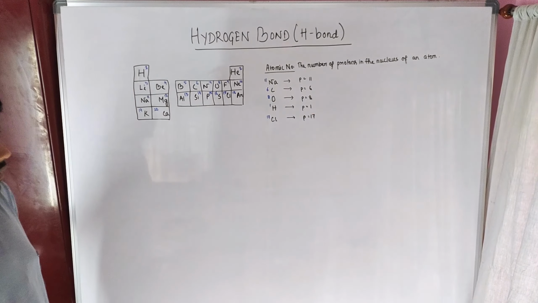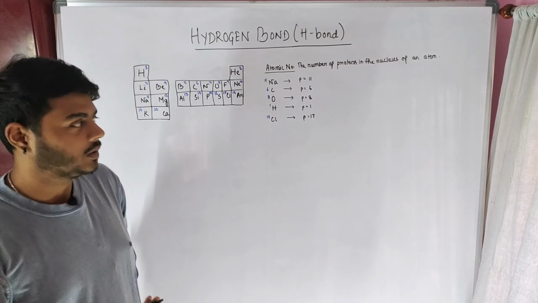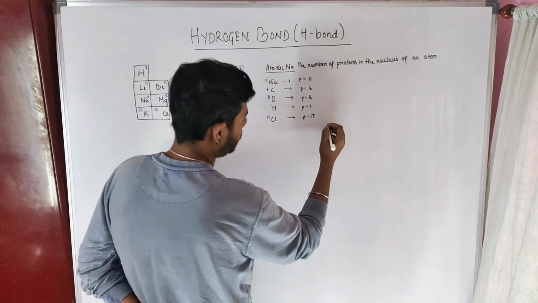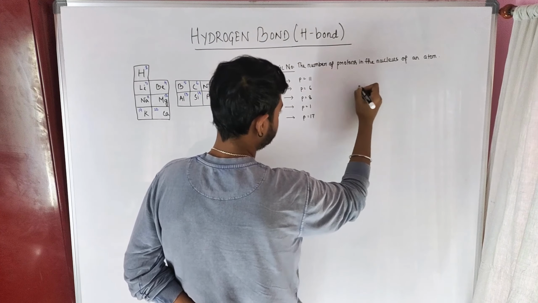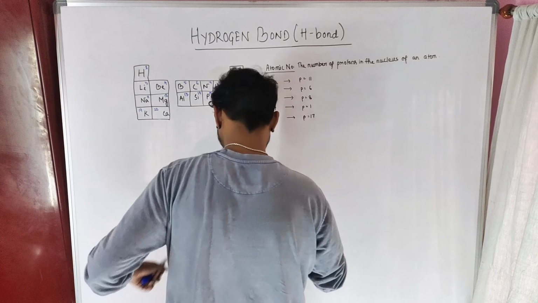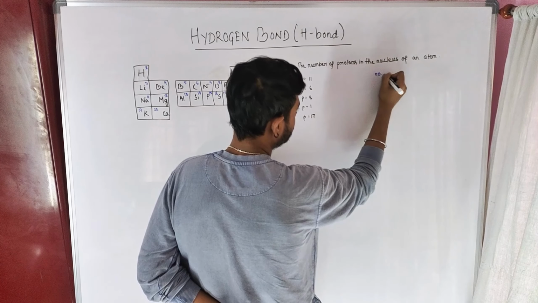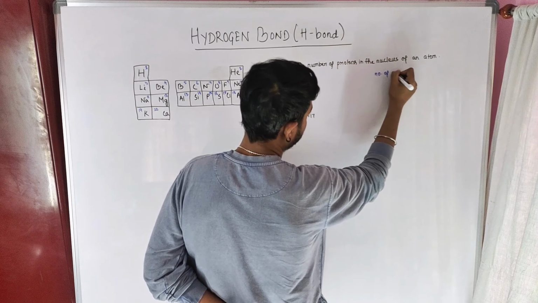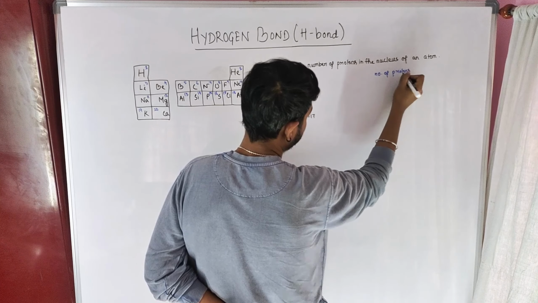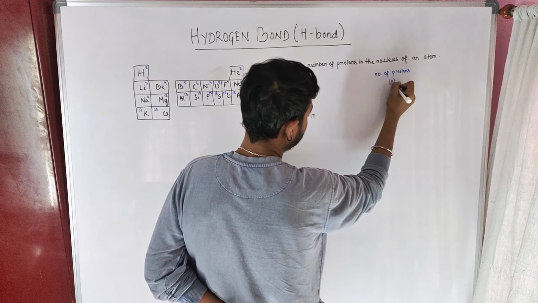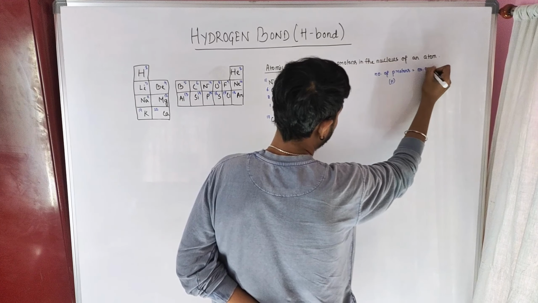Now, what else can we get from the atomic number? The number of protons, P, is equal to the number of electrons, E, of an atom.